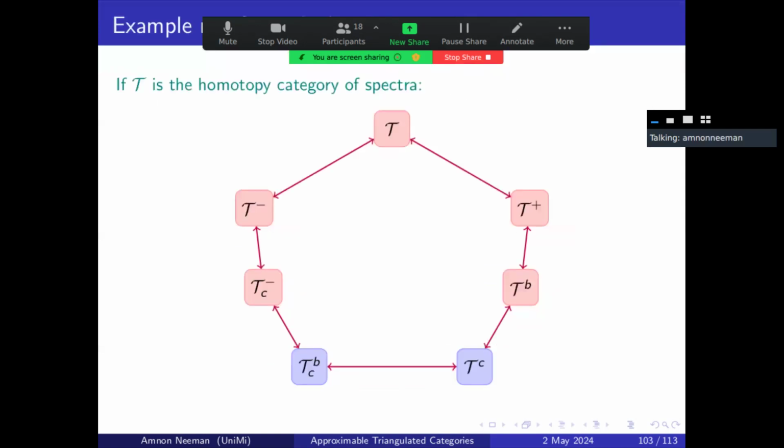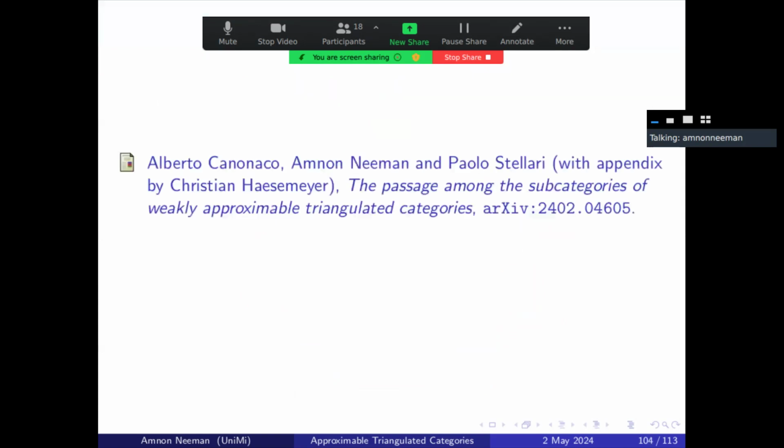And the same is true for the homotopy categories. If I give you any of them, there's a recipe for passing to all the others. And so some of this is work in progress, but let me not go into it. There's one paper that's already written, and the second part will hopefully be written sometime this year or early next year.